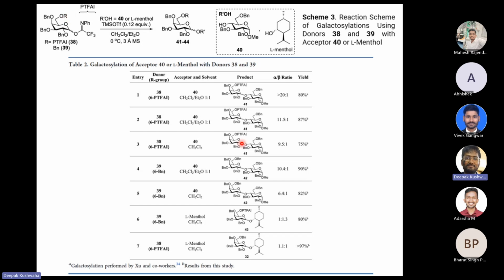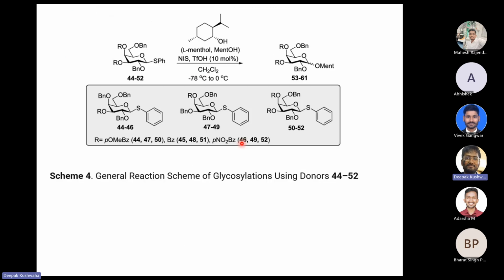So again, as the next control, they have taken this thioglycoside, this time in galactose, since by now they have established that changing the C6 protecting group from OBn to H or any electron deficient protecting group is not doing much for the alpha to beta selectivity.